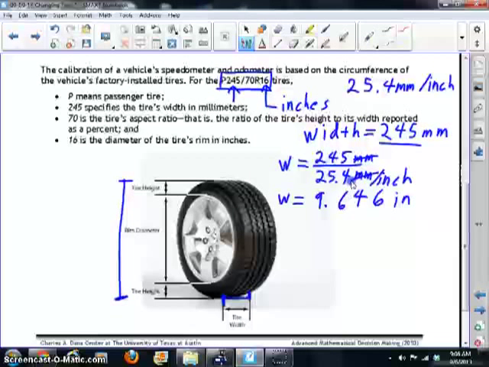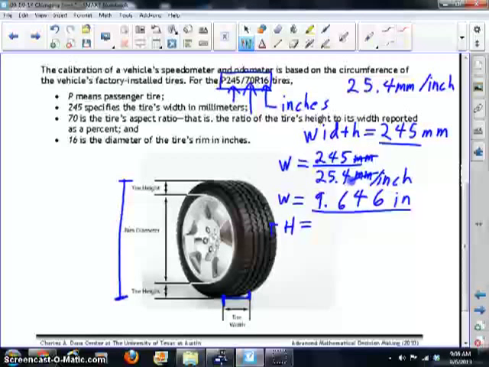This is our width. Now, to find the tire height, we're going to remember this number right here. This is 70%. So 70% of this number, which is 9.6 inches, we're going to multiply by 70%. So 9.646 times 0.70.